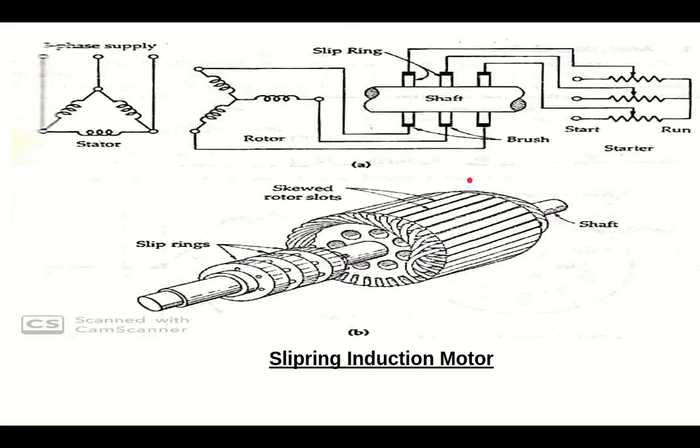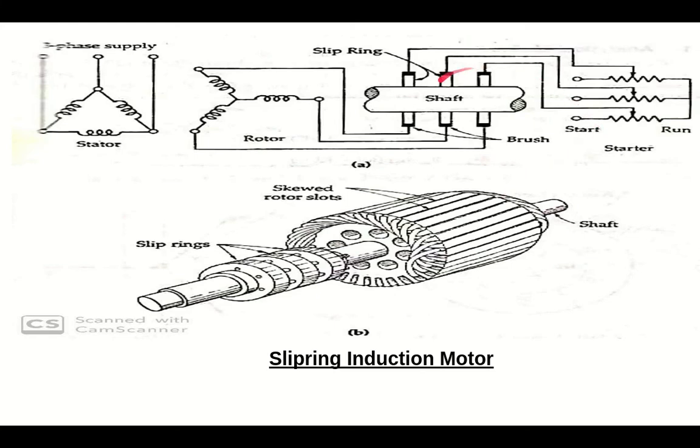The purpose of slip rings and brushes is to provide a means for connecting resistors in the rotor circuit. The resistors enable the variation of each rotor phase resistance to serve two purposes. This is a very important point.